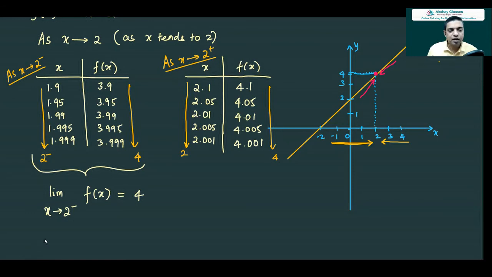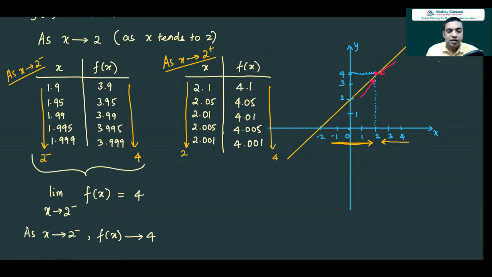Remember, when we write it as equal to, what it means is as x tends to 2 minus, f of x tends to 4. For the function, we don't worry about whether it is approaching from the left or from the right, but we should have an idea. Here it is values lesser than 4.